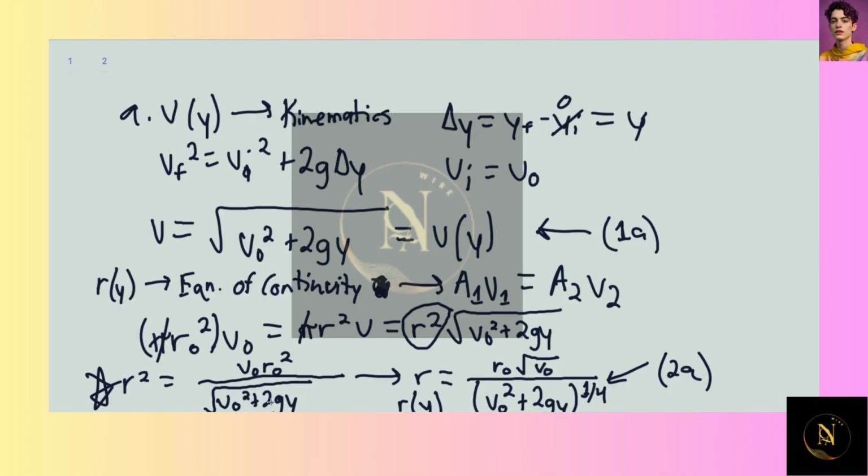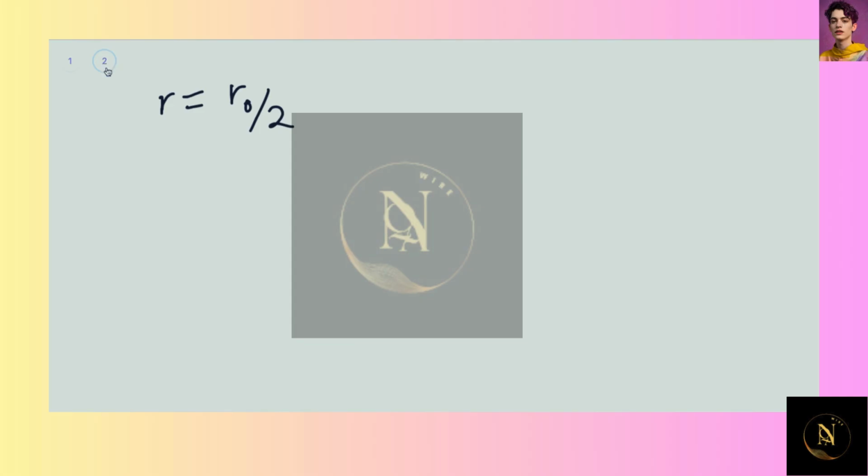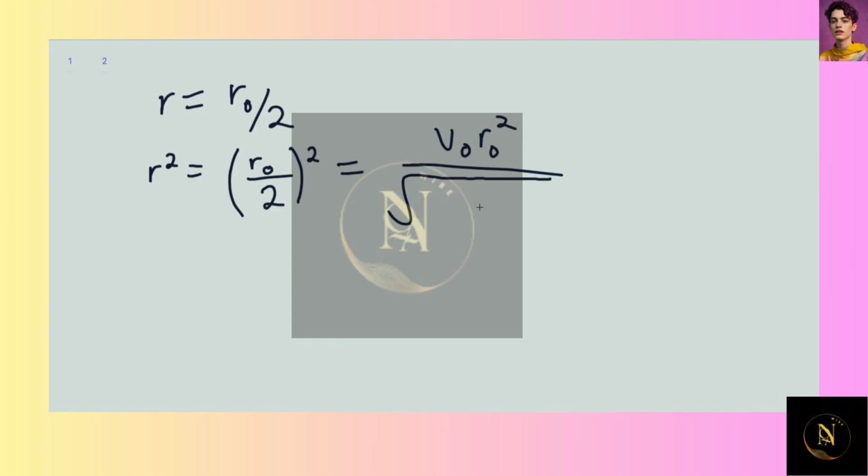We can bring back this equation here, and say that r squared is again equal to the initial radius over 2, squared, and this is equal to velocity initial times the initial radius squared over the square root of the initial velocity squared plus 2gy.